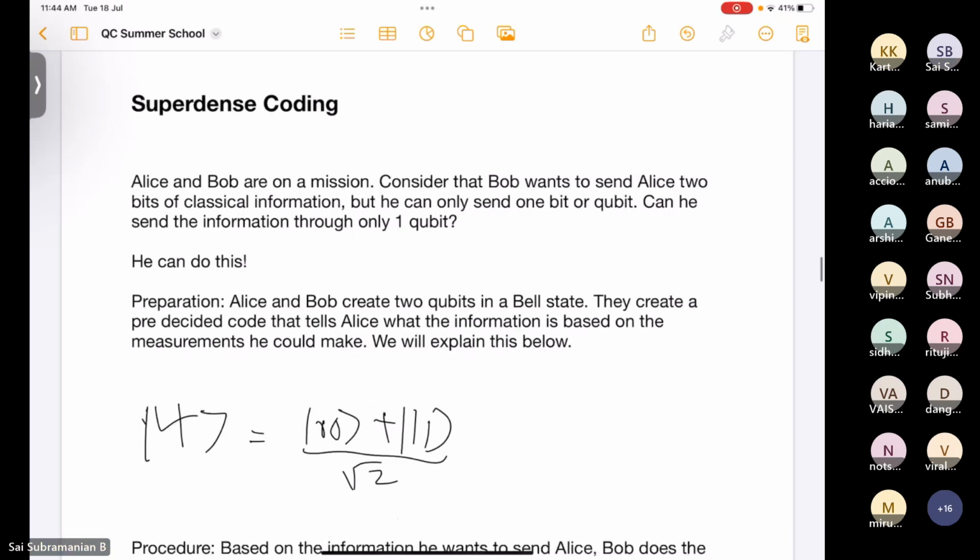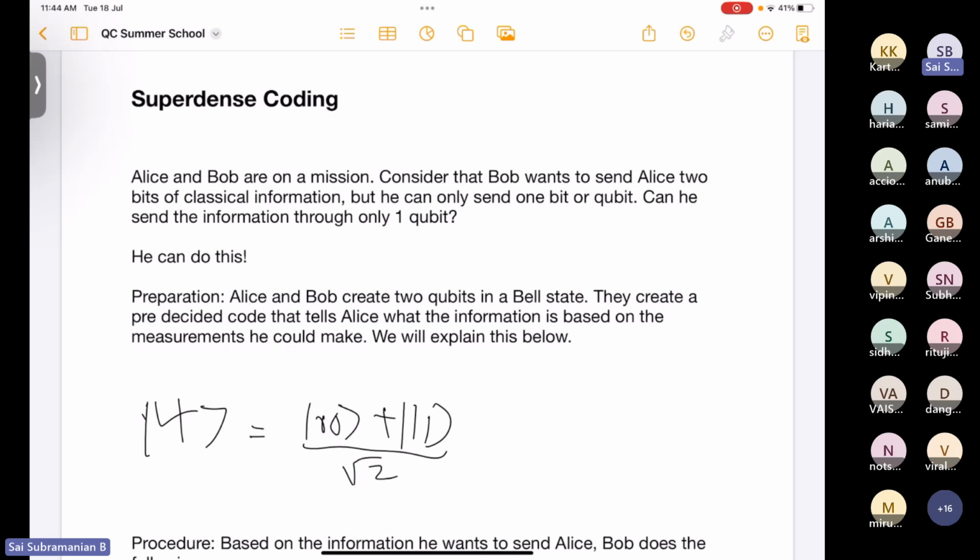Okay, so what is the preparation for this? Alice and Bob create 2 qubits in a Bell state. The Bell state is psi equal to (|00> plus |11>) by root 2, a maximally entangled state. And they create some sort of a code that will tell Alice what the information is based on the measurement that she can make. Okay, this is she, not he, typo.